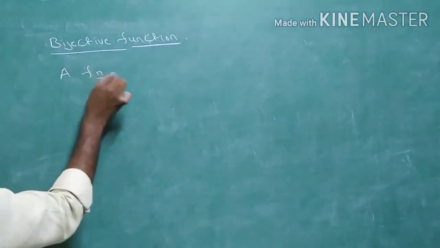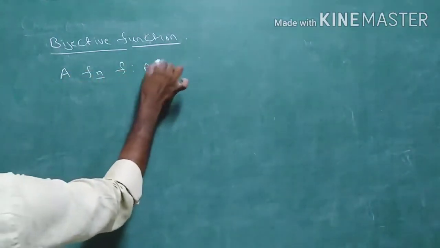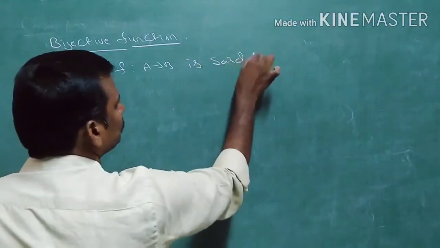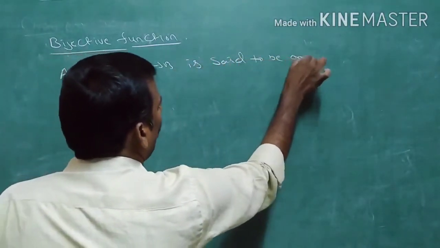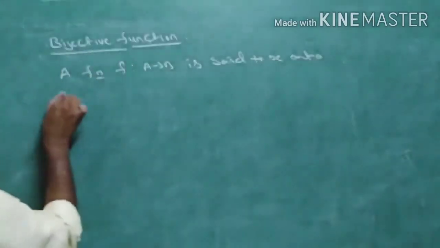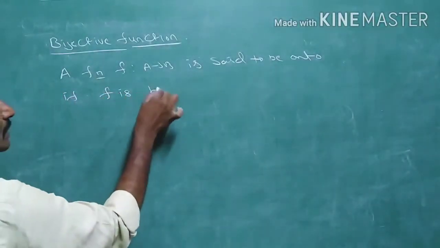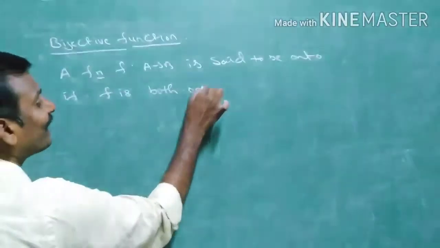A function f from A to B is said to be bijective if f is both one-one and onto.